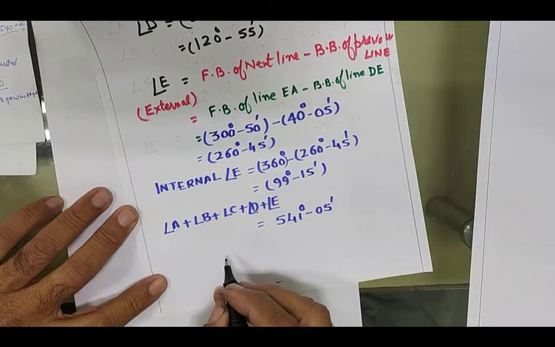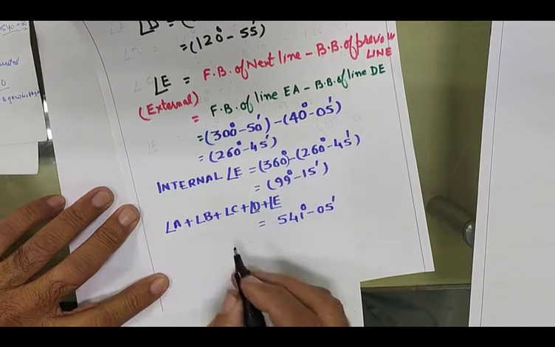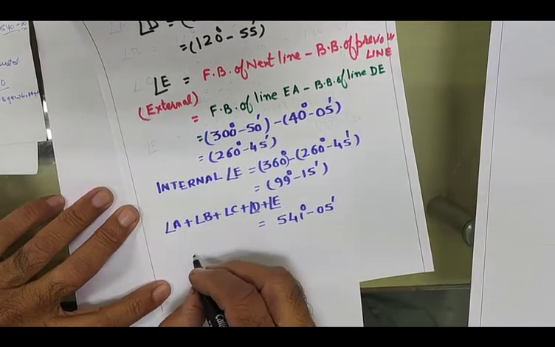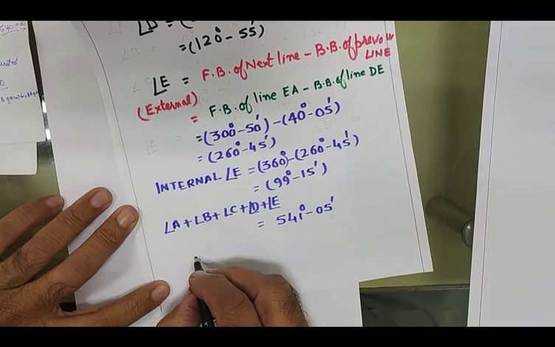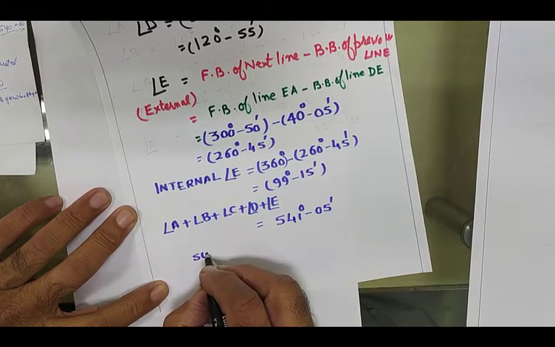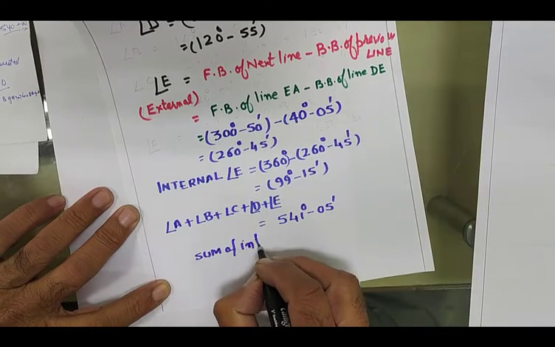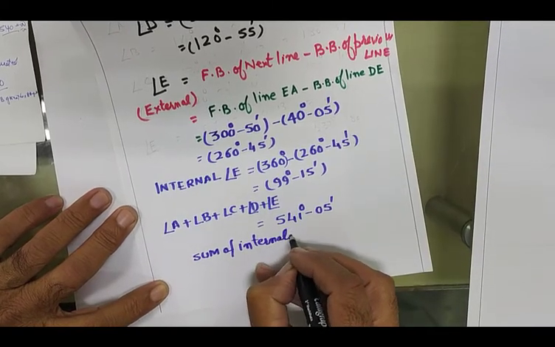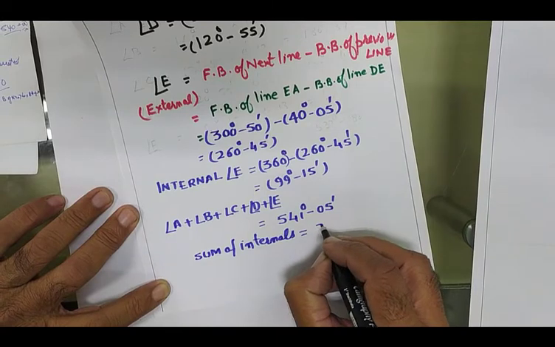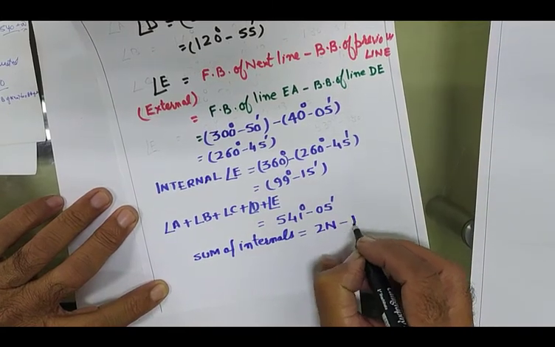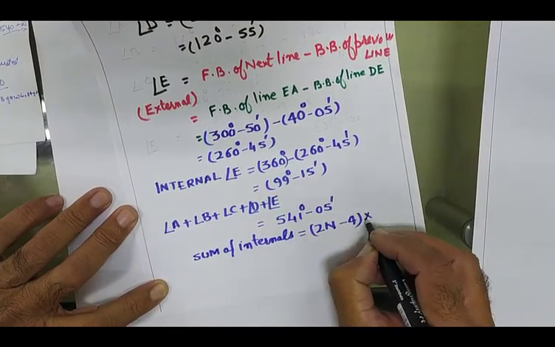What is the condition that is given? That condition is given as: sum of internal angles is equal to 2n minus 4 right angles.